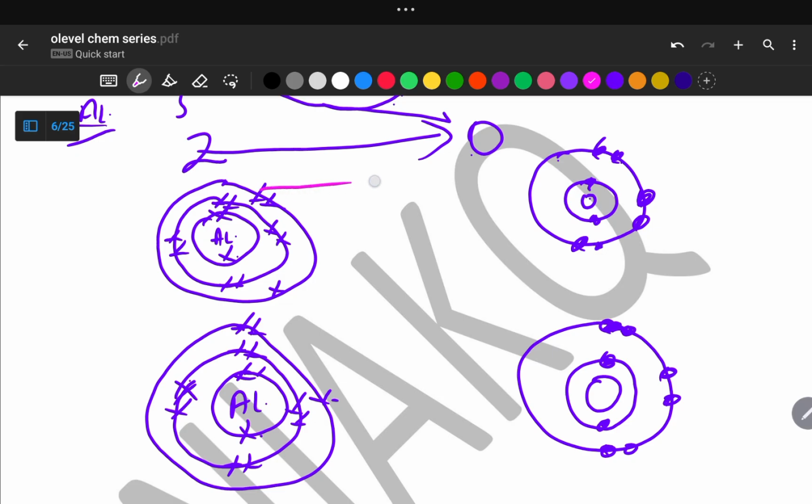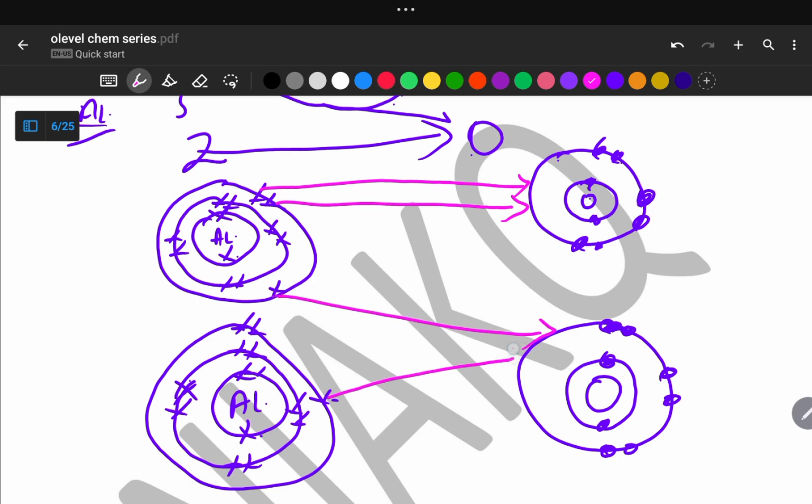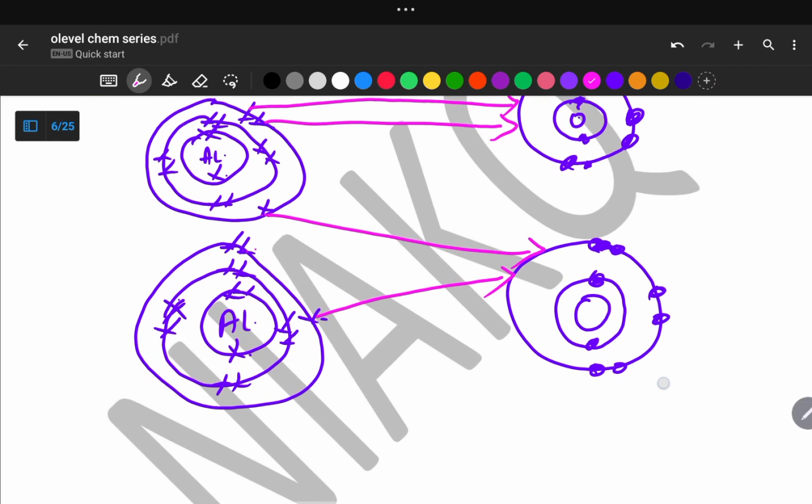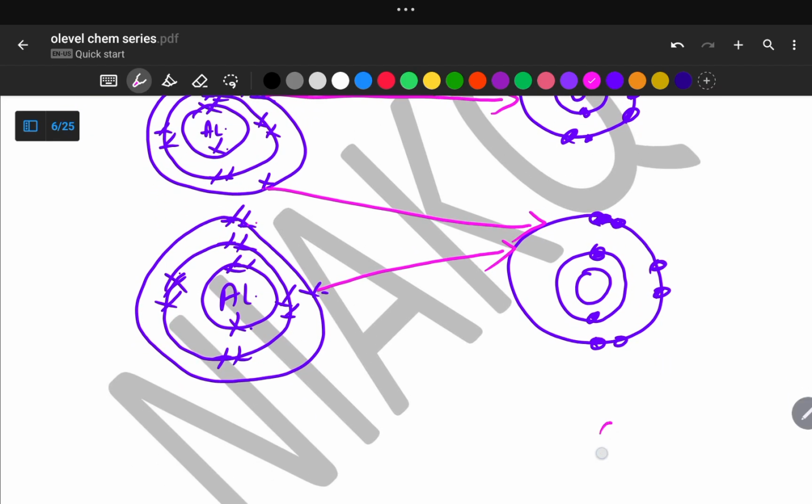Then this, right? And then we are left with this 1 electron. And then we are going to have this. Then we are left with these 2 electrons. And then we are going to have another oxygen atom here, right?